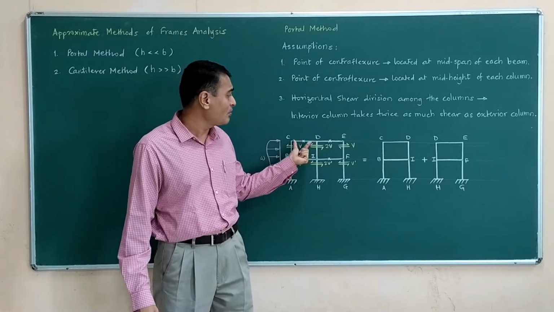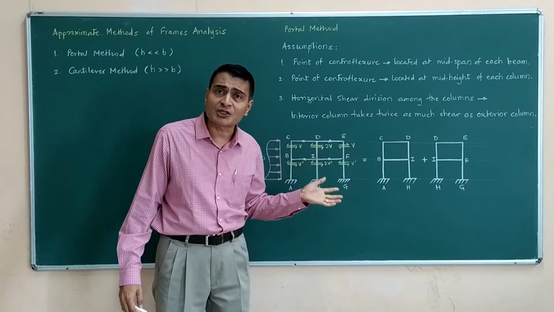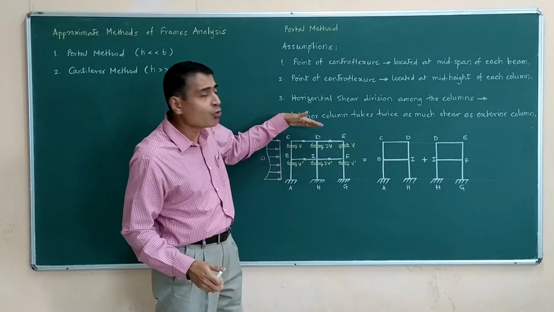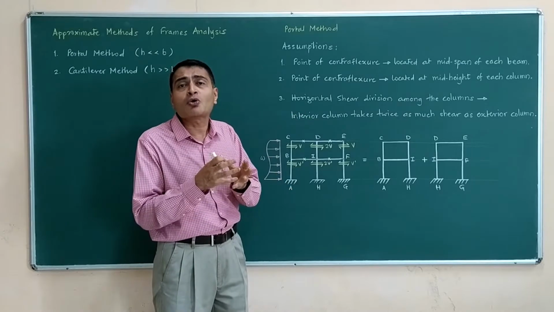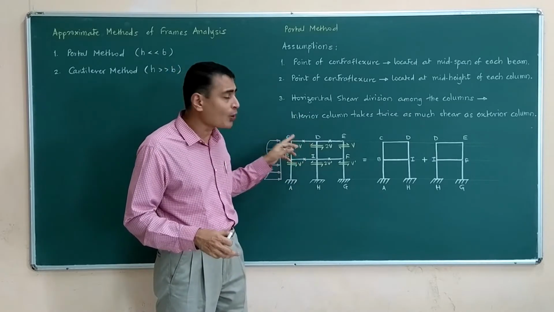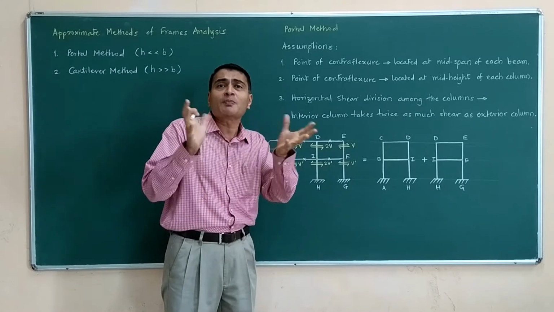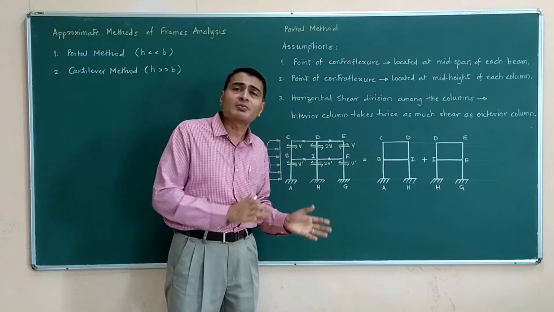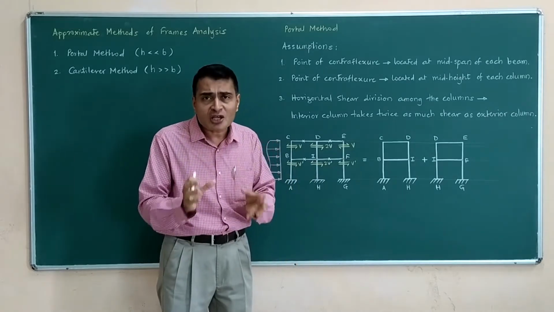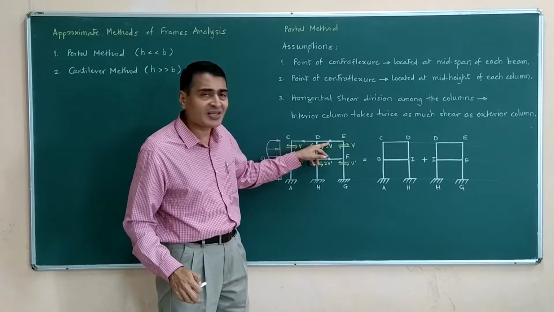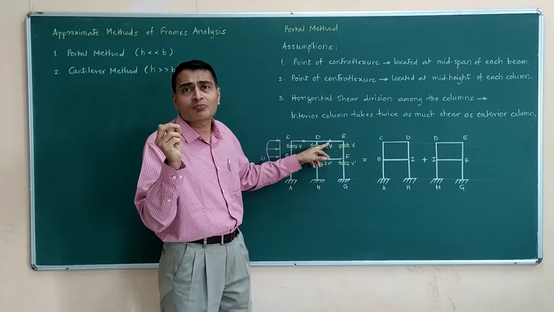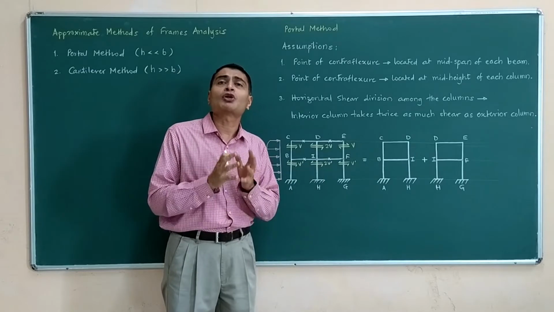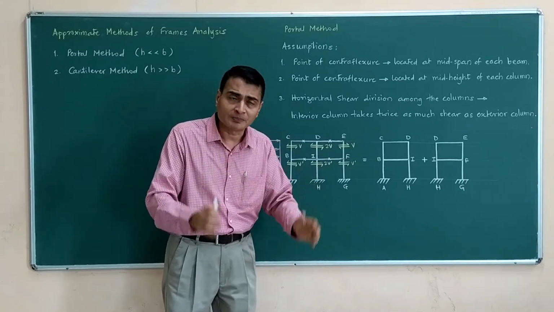In reality, there might exist even 2 points of contraflexure, like we have hogging moments at the supporting fixed column, sagging moment due to the span load near about the midspan, and then you may have 2 points of contraflexure. That is the general picture that we observe while drawing BMD for a frame. However, in this portal method, it is assumed that at the midpoint of each span, exactly L by 2, exists point of contraflexure for each beam. That is assumption number one.